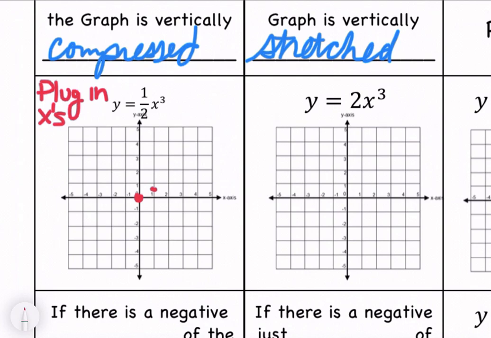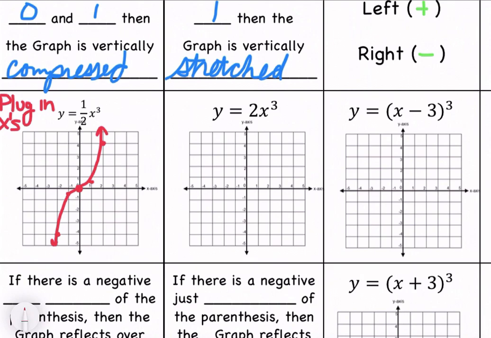If we plug in 2, 2 cubed is 8, and 1/2 times 8 is 4. So the right-hand side looks like that. The left-hand side is a reflection about the axis, so it matches up to the other side. At x equals -1, y is -1/2. At x equals -2, y is -4.